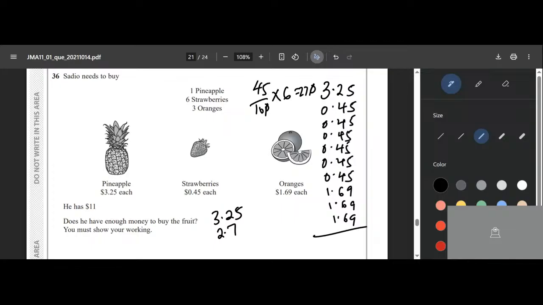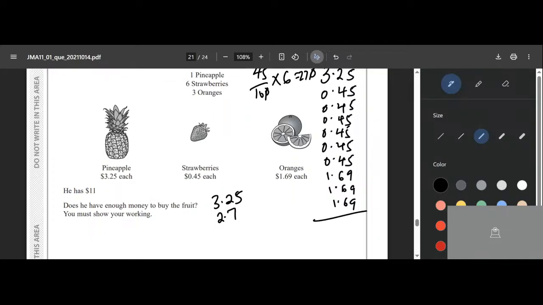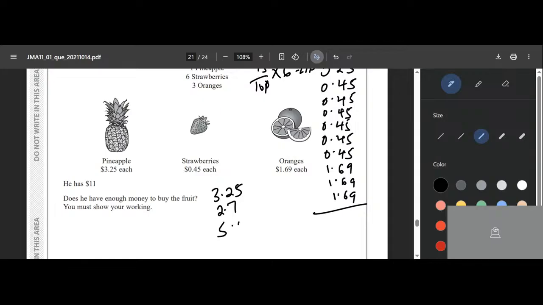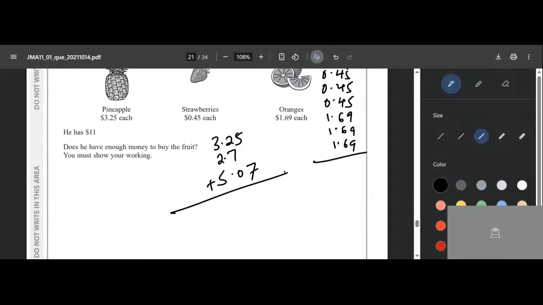Or 1.69 times 3, which should be giving me 5.07. So if we add, here we have 7 plus 5, which is 12. 2 you carry 1. 7, 8, 9, 10, 0 you carry 1. 5, 11.